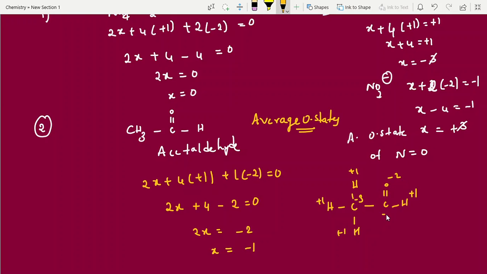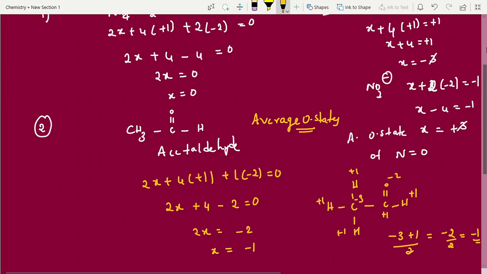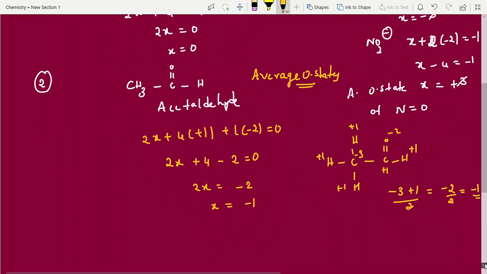So the rest of the carbon is plus 1. This plus 1 and minus 2 get cancelled, and this plus 3 and minus 3 get cancelled. The overall compound value must be 0. Minus 3 plus 1 by 2, how much, students? Minus 2 by 2, that is nothing but minus 1. See how easily we are calculating. I am giving different methods, students; whichever is most comfortable for you, you can follow.